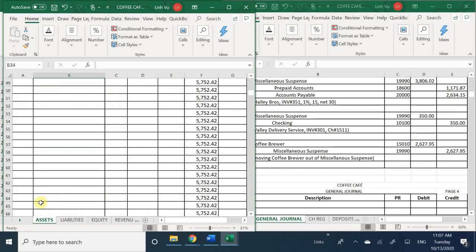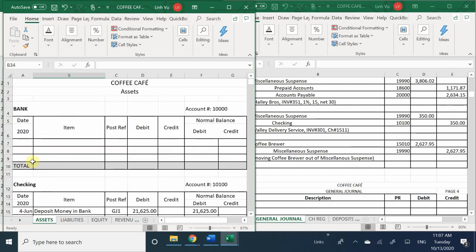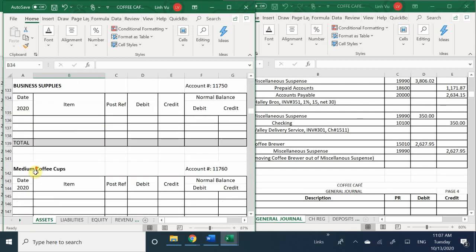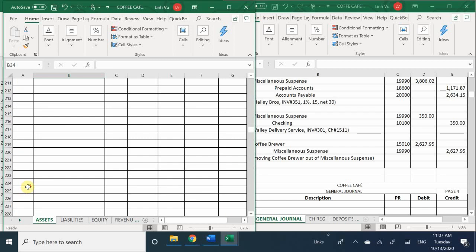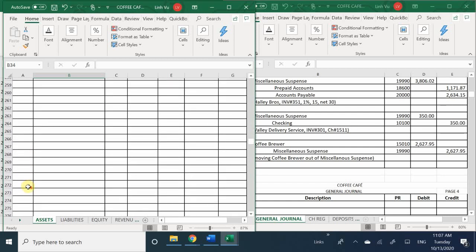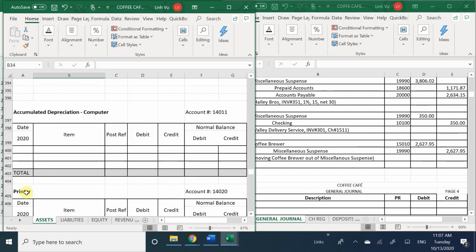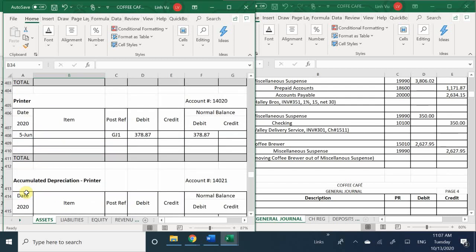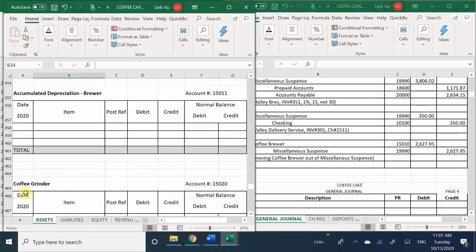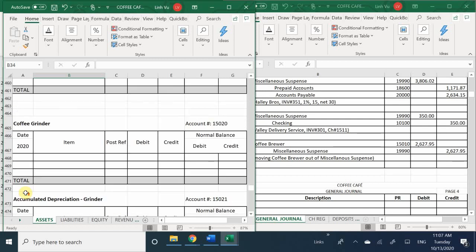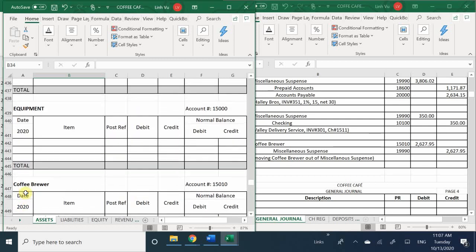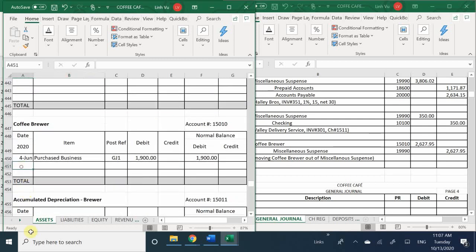That's an asset, so I'm going to scroll to find where it is. Here's creamer, it is definitely an equipment. Furniture. I'm almost there. So here is equipment. Here is coffee grinder. Right above it is coffee brewer. Okay, so here, 810.